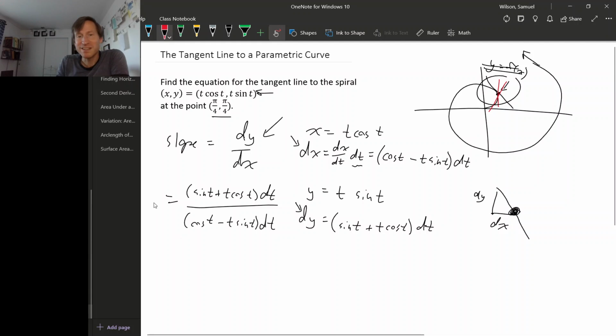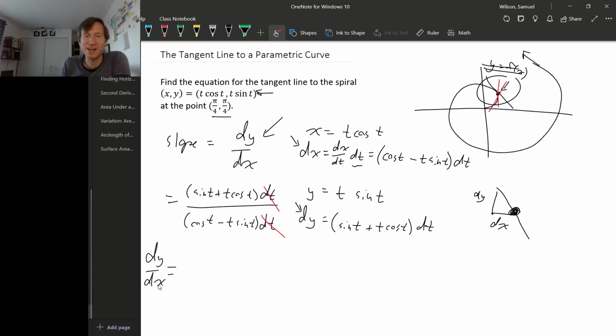Now we can simplify this because we have dt over dt, which is 1. So the dt's are gone. And our expression for the slope, dy dx, is now sine t plus t cosine t over cosine t minus t sine t.